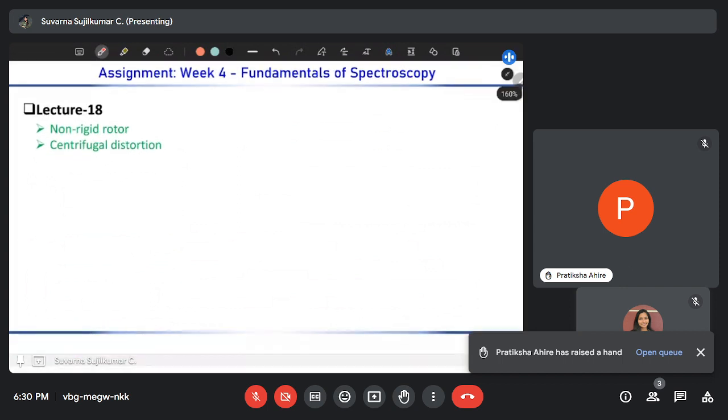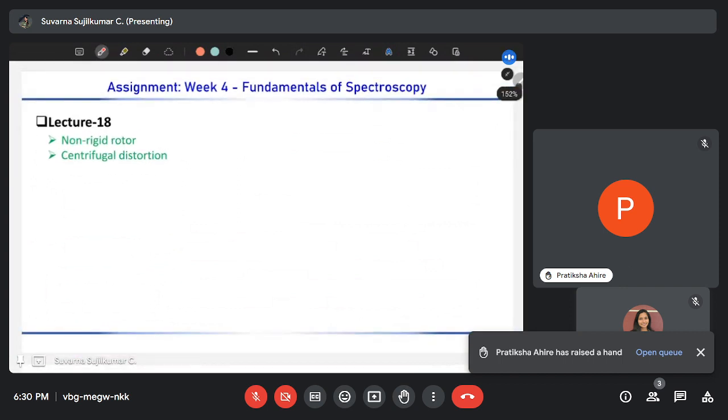In the next lecture, a detailed description of the non-rigid rotor has been done, where non-rigid rotor essentially means that the bond distance between two atoms is changing. In the rigid rotor approximation, we assumed that there is no difference in the bond length between the atoms. Here in the non-rigid rotor, there can be a difference in the bond length of the atom.